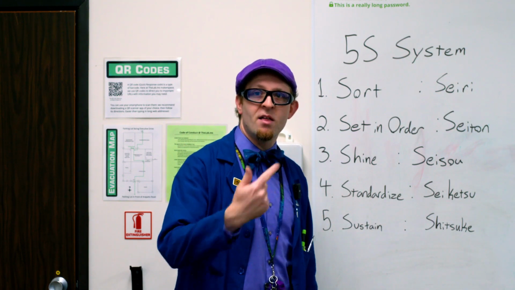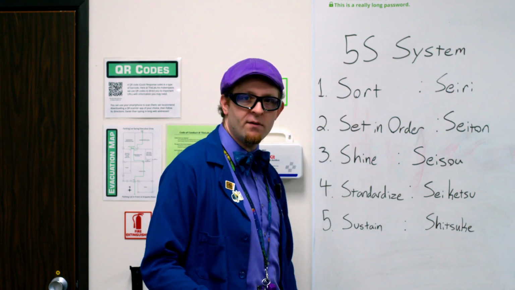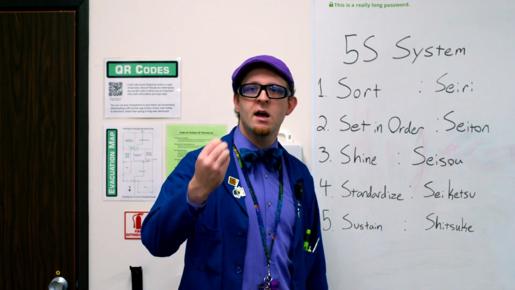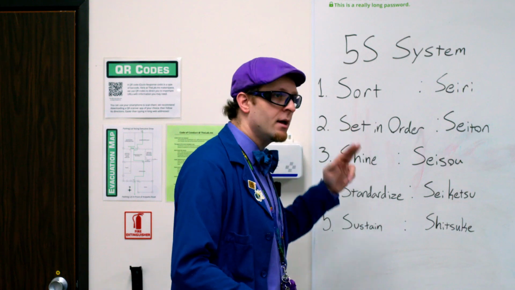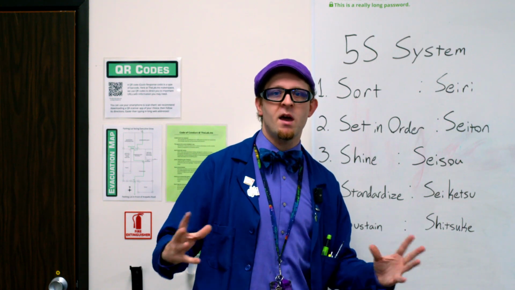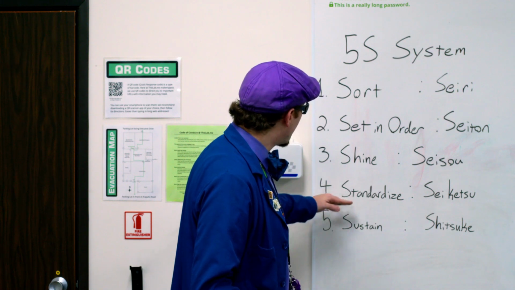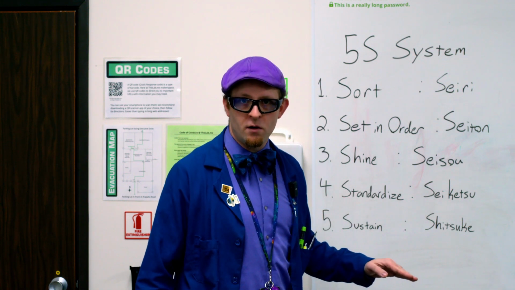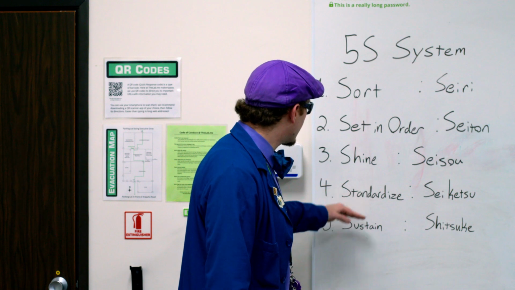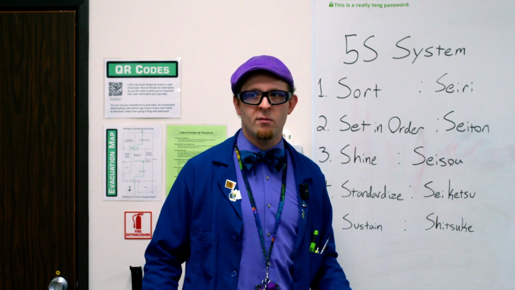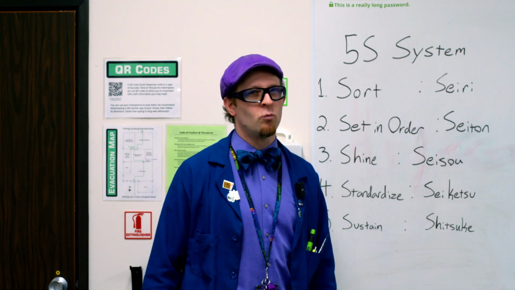Sustain means following every S in the system to ensure that we keep every practice used perfectly. So, sustaining the standardization of your 5S system, sustaining the shining of your entire environment. If you leave a mess, we're going to know.